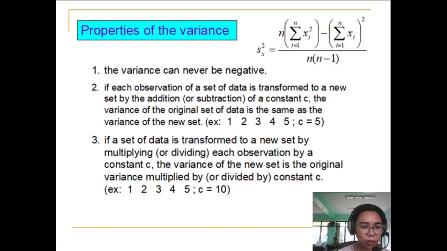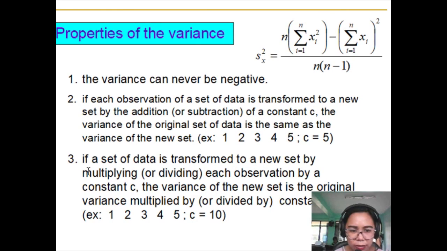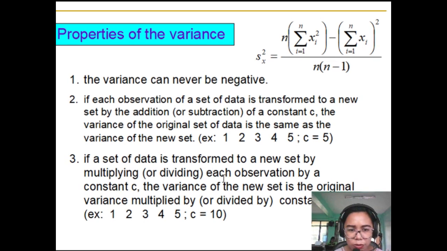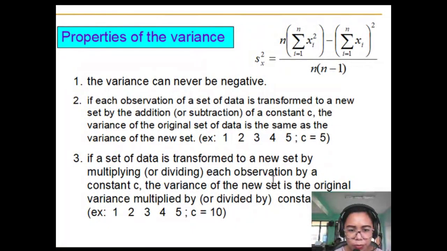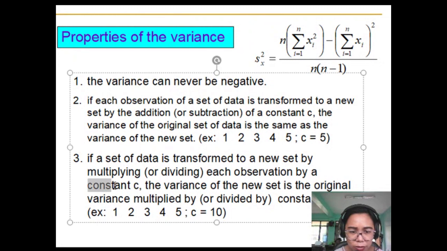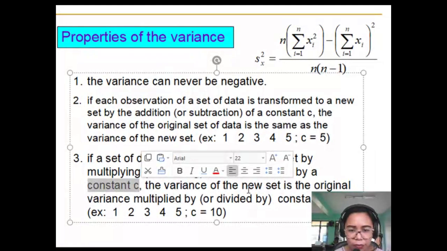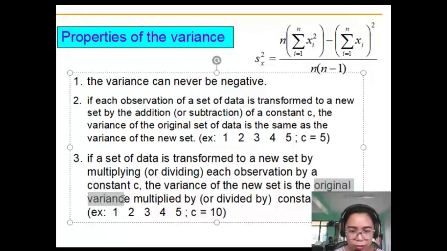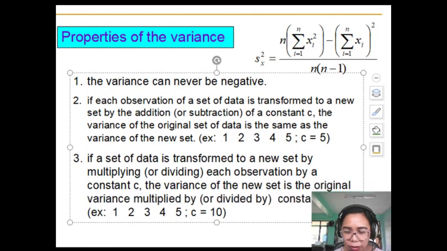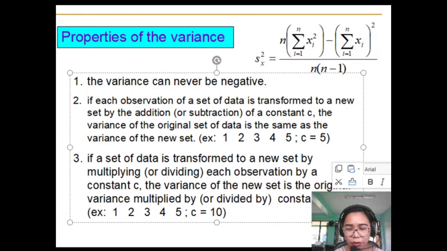Okay, we move on to our third property of the variance. Our property says that if a set of data is transformed to a new set by multiplying or dividing each observation by a constant value c, the variance of the new set is equal to the original variance multiplied or divided by the constant c squared.